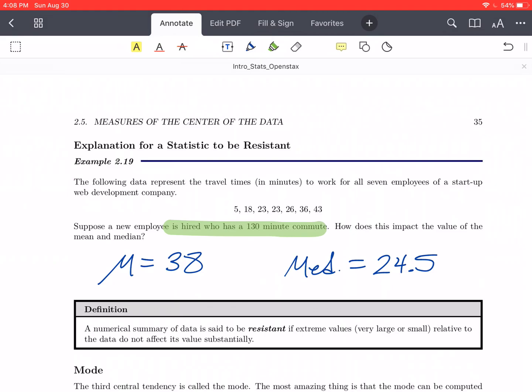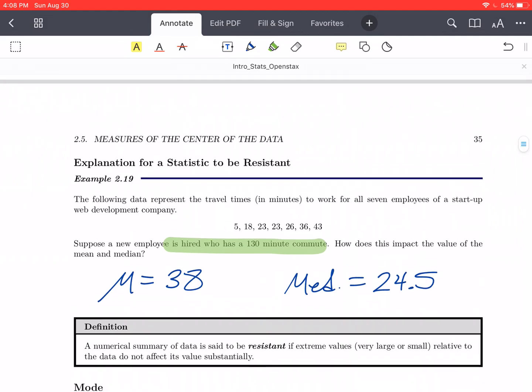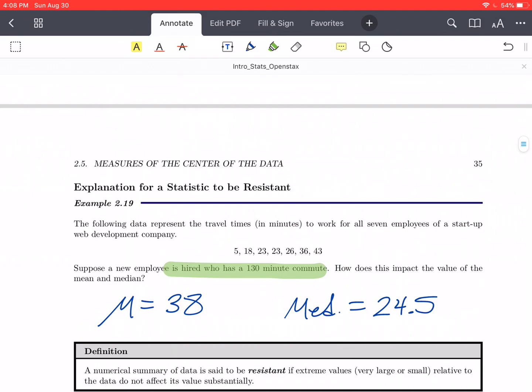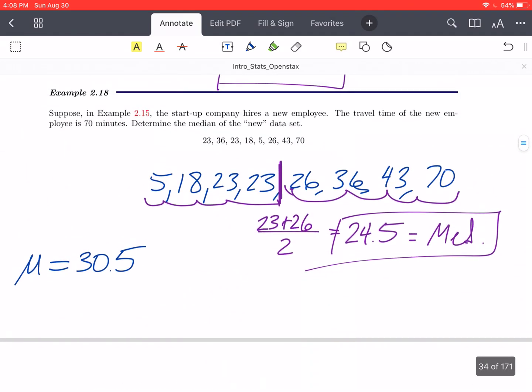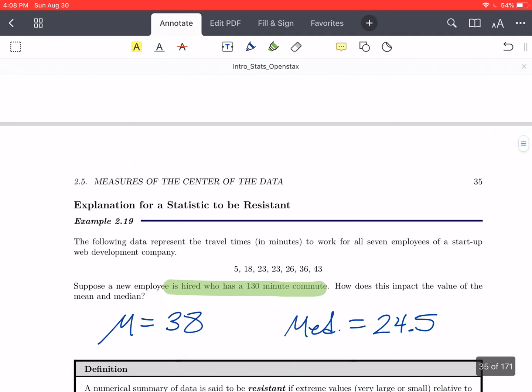So why is this? Well, the median is what we call a resistant statistic. Okay? Median is resistant because it is resistant to change. Okay, it didn't matter whether we added 70, whether we added in a 130, whether we added in a million, whether we added in a 2.